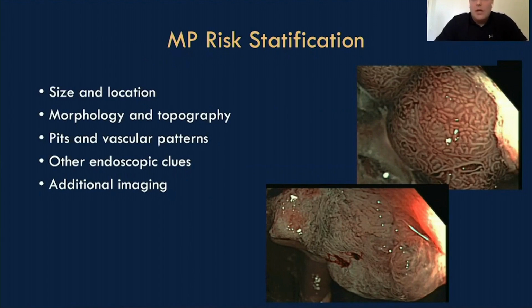We can use older classification variables such as size and location, or we can look most closely at the topography or morphology of the polyp. We can dive deep inside and look closely at the pit patterns and the vascular patterns of the polyp. And we also have other clues, which I will go over, and we'll talk about whether additional imaging can help us in this process.